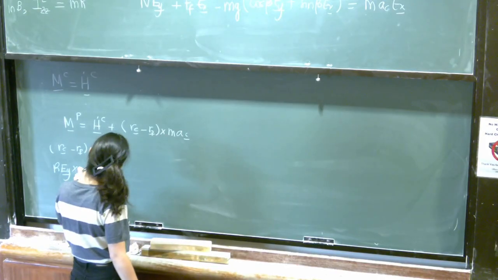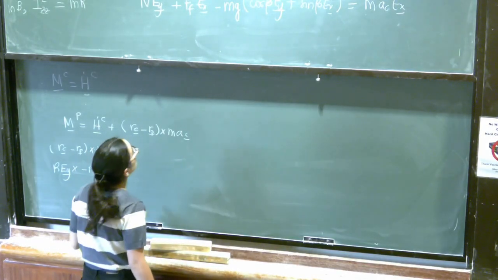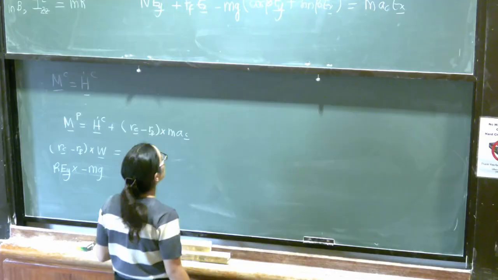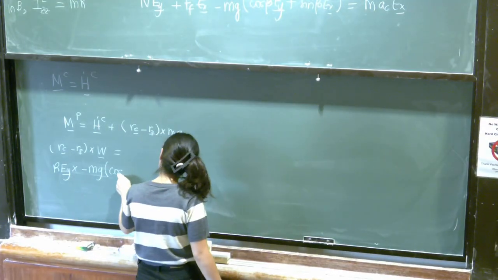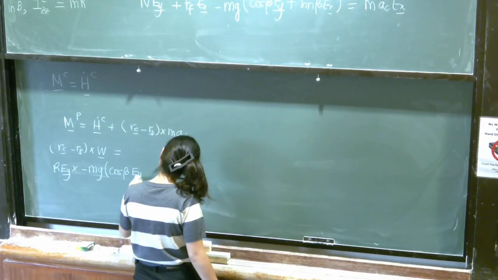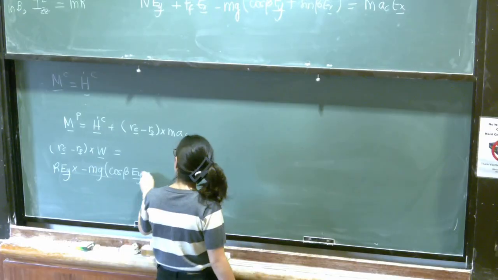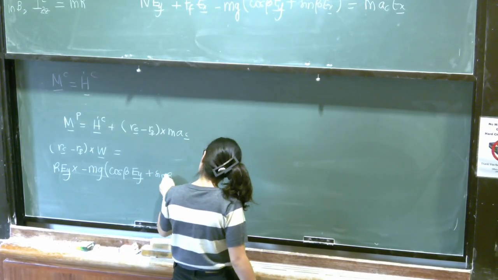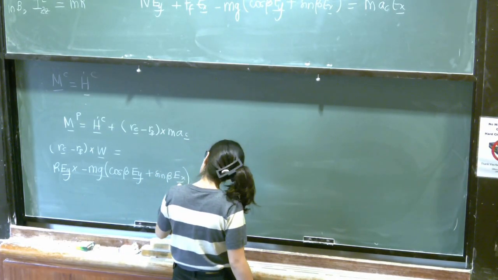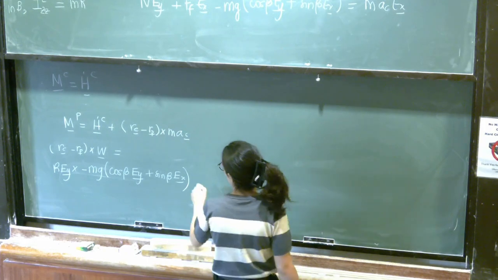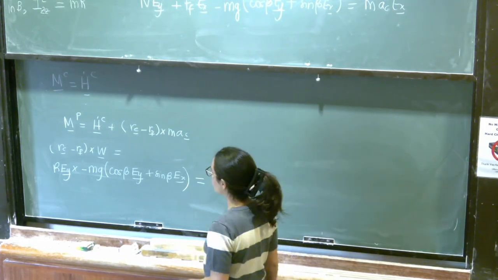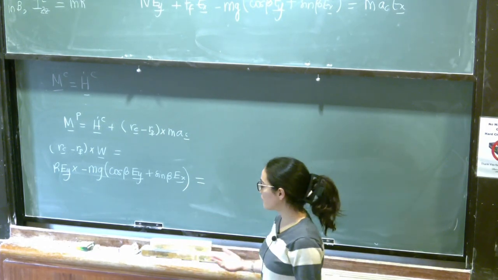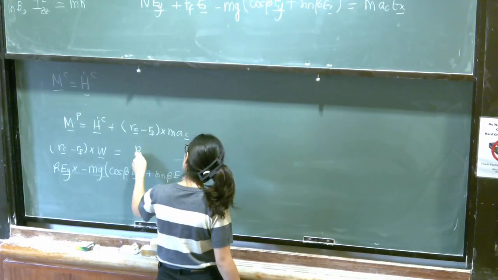The weight, which is minus mg cosine beta EY plus sine beta EX. Okay, RC minus RP is the same R EY.